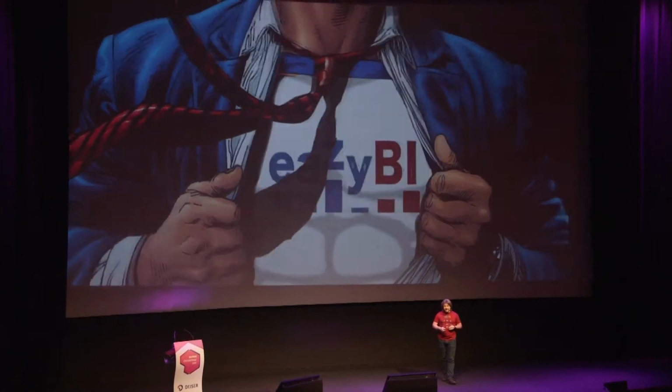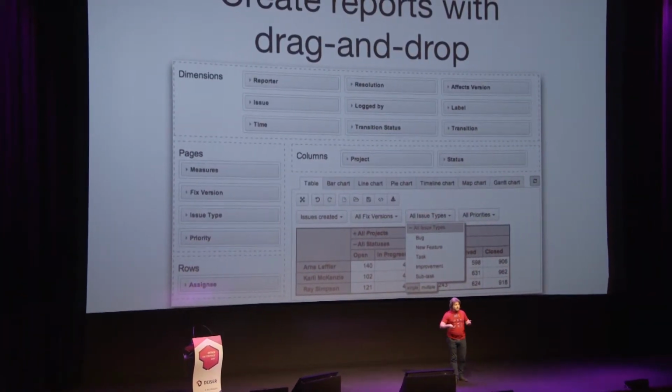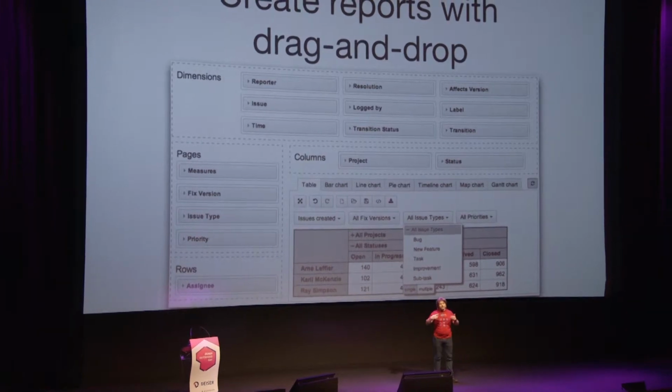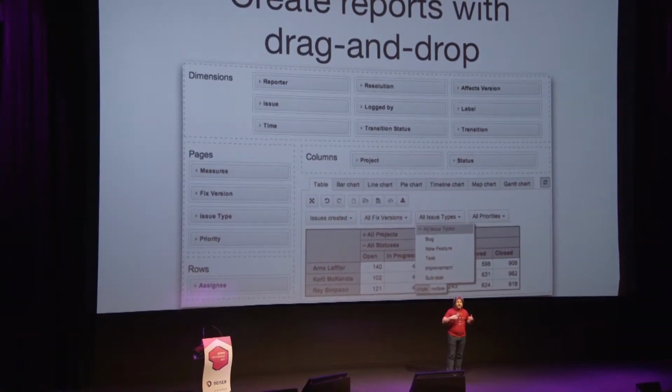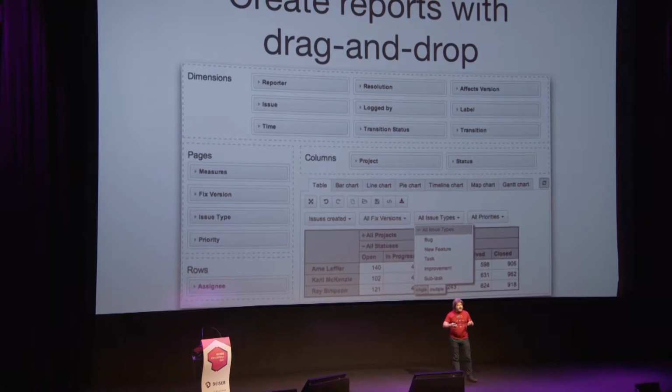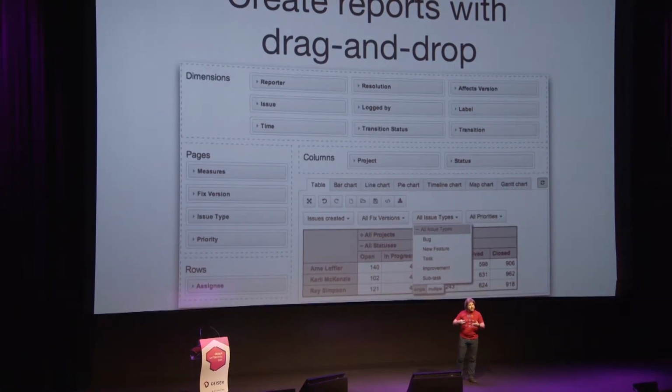With eazyBI, you can easily create reports with drag and drop functionality and create pivot table style reports and analyze different measures like issues created, resolved, or workflow transitions or hours spent, and analyze by any standard Jira fields or any custom fields.